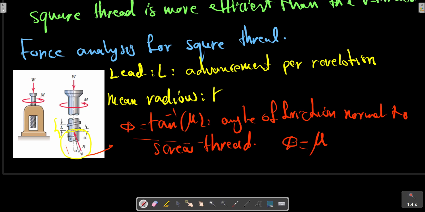The moment of R about the vertical axis of a screw can be calculated from the next free body diagram.